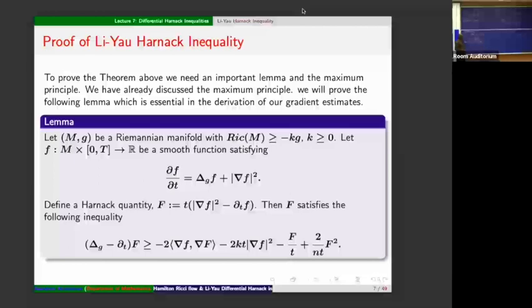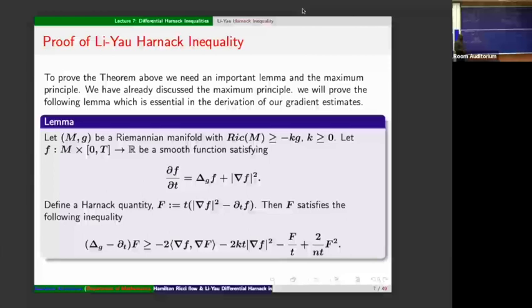So we are given this equation. If f satisfies this equation, and we have a quantity F, we call this the Harnack quantity because from it the Harnack inequality can be built. So from this Harnack quantity, if f satisfies this equation, then this capital F, defined as this, satisfies this evolution equation that we have here.